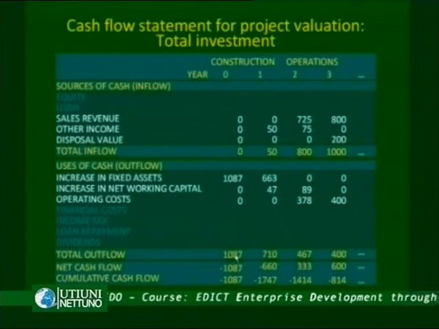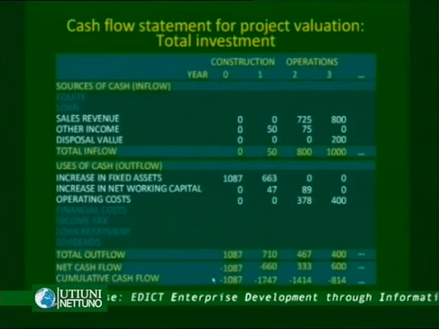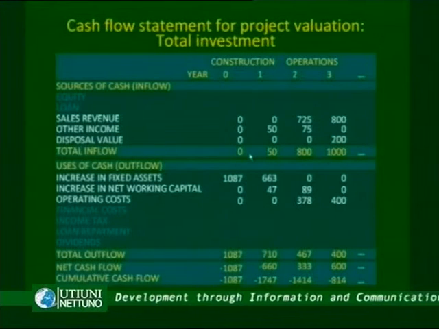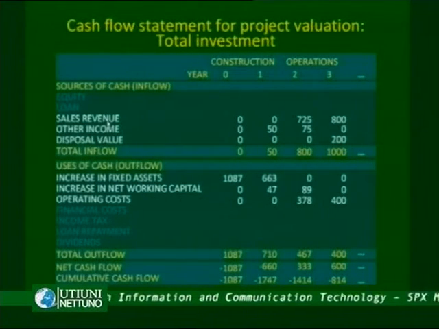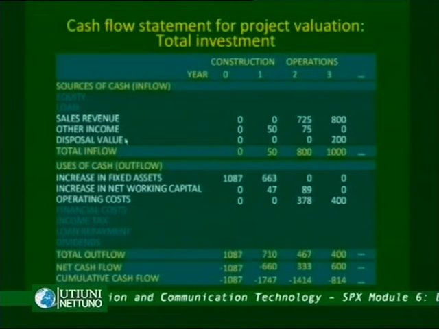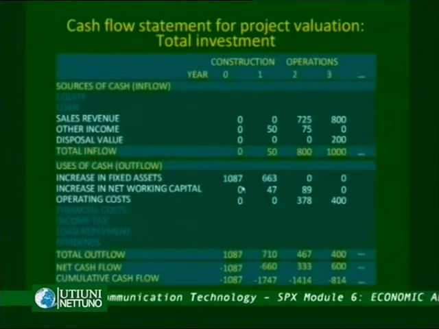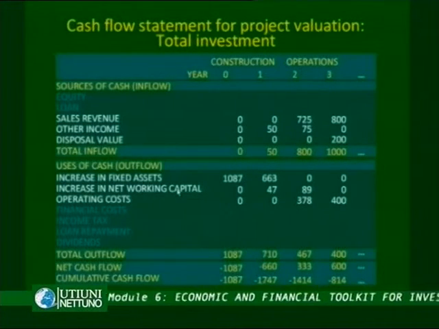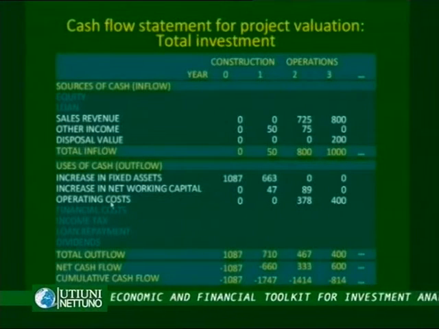So in the end, the result, that is the net cash flow, is the difference between the inflow generated by the operations, so sales revenue, other income, and disposal value, and outflow generated by the operations that are referred to the increase in fixed assets, to increase in net working capital, and to the operating costs.